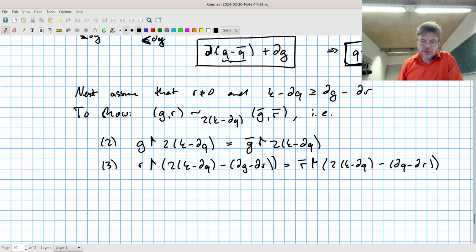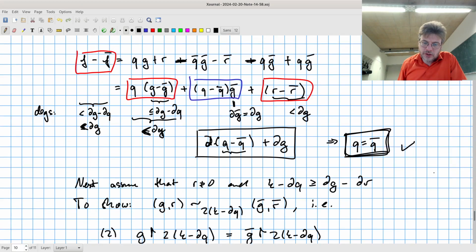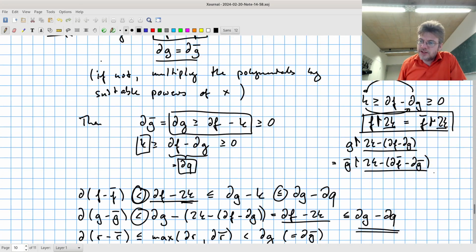So the second one we don't need to show because we already know it. We have seen that here because we know that the degree difference of f and g is exactly the degree of the quotient, and here also. So this here is the degree of q.